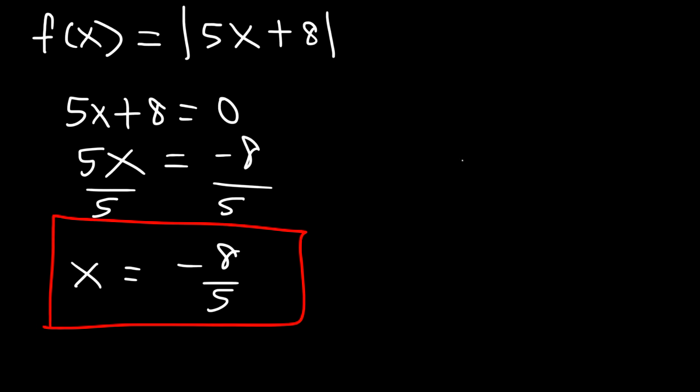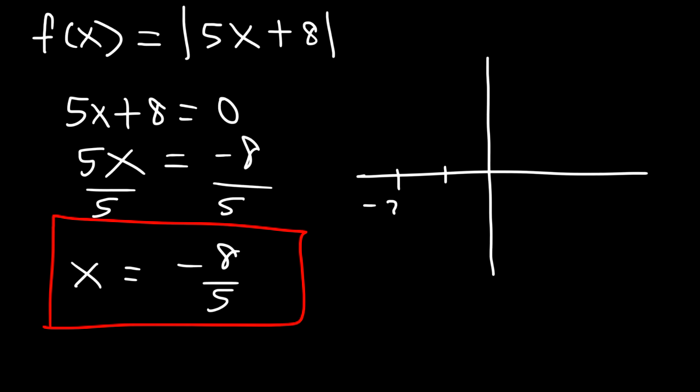So if you were to graph that particular function, around -1.6 is where the y value will be equal to 0. And so we have a graph that looks like this. The slope is 5, so it should be rising quickly. So notice that this point is the critical number at x equals -8 over 5.